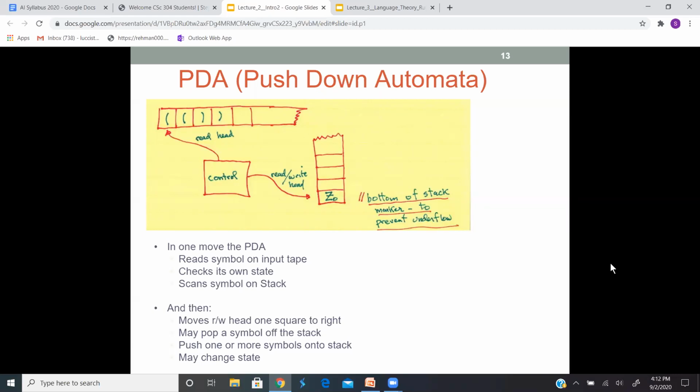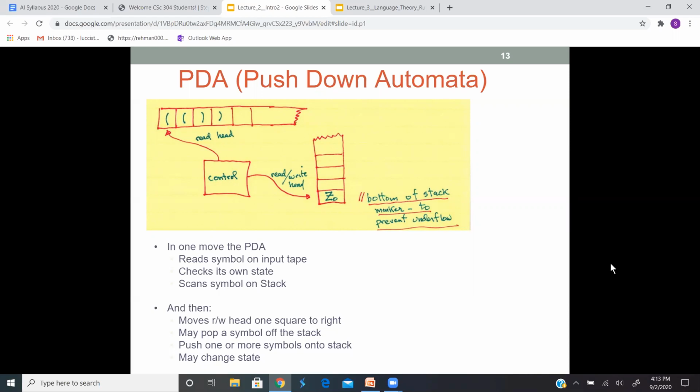So see a right paren. What you're going to do, again, use your imagination. The stack contains Z sub 0 and 2 left parens above it. Now you're scanning a right paren, toss one of the left parens away. So the stack, bottom to top, is Z sub 0, left.